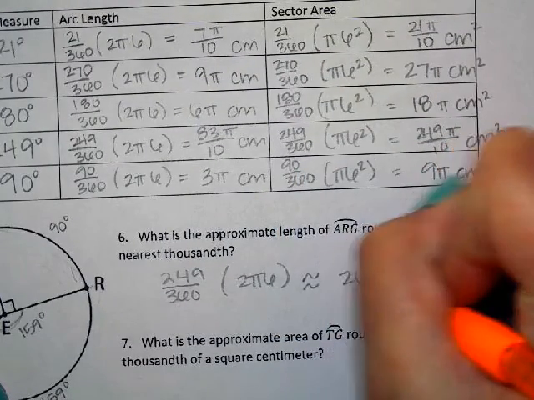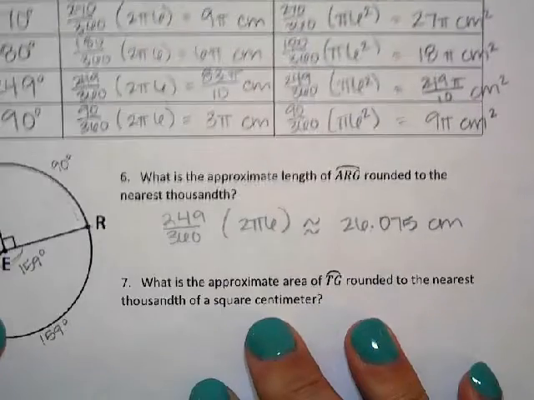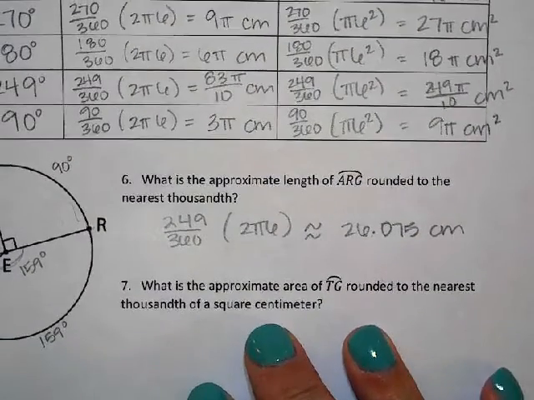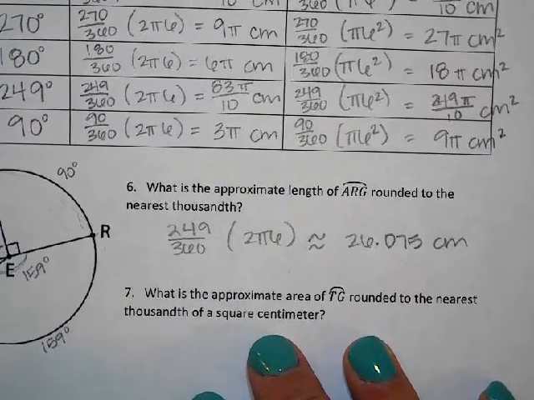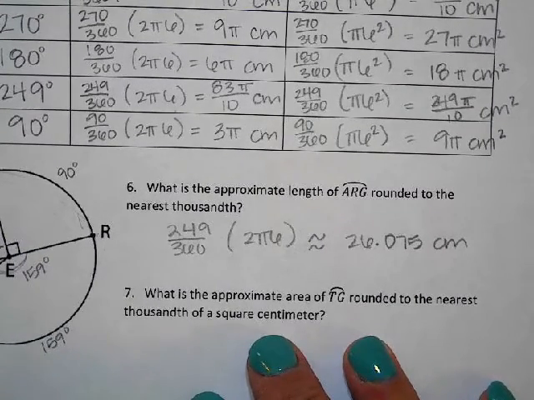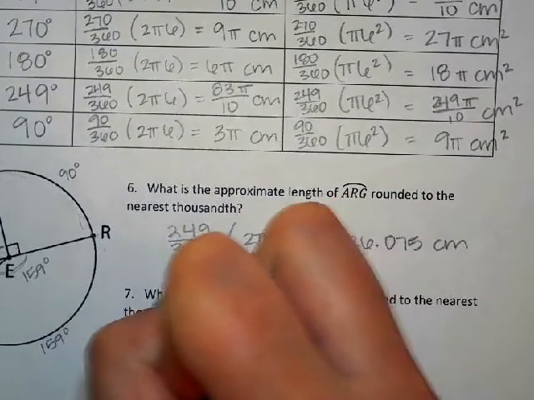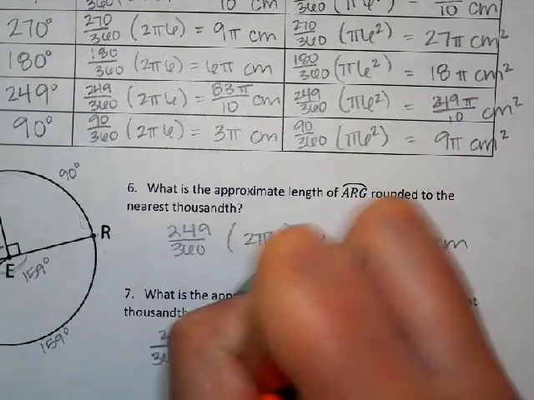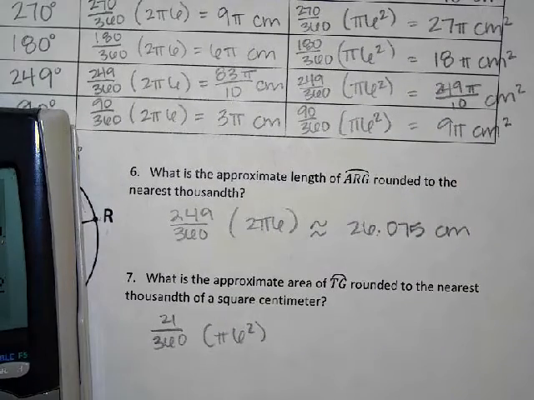All right, and then it says, what is the approximate area of arc TG rounded to the nearest thousandth of a square centimeter? So TG was the first one, so we've got 21 over 360 times pi r squared. So we're just typing that one back in, but with the pi.